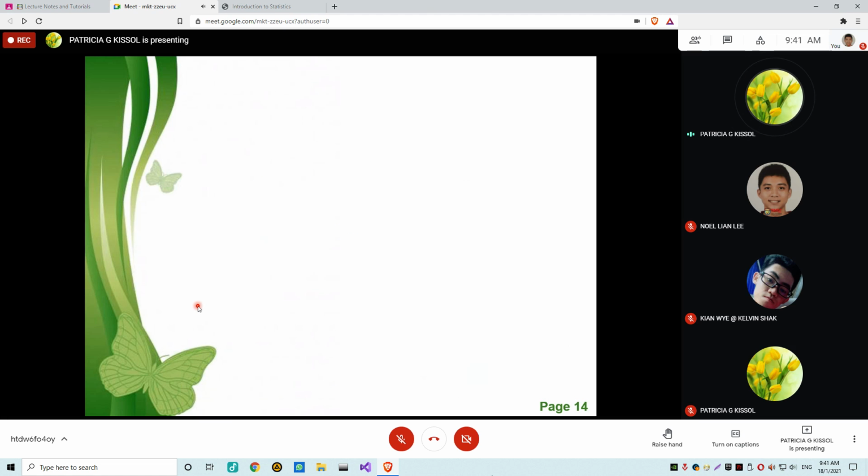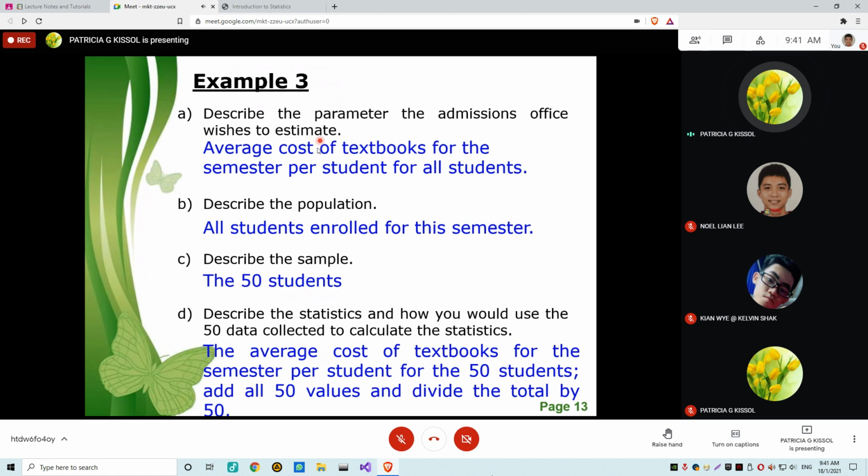So what I want to focus on here is that based on example 3, I am not sure whether you'll be asked to do this, because this is a very wordy kind of example.